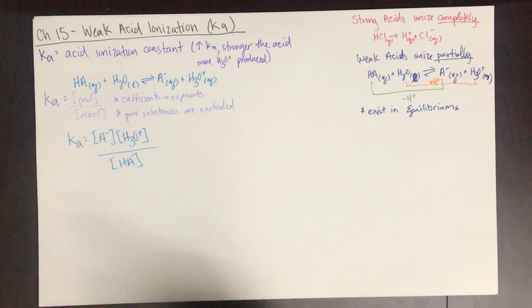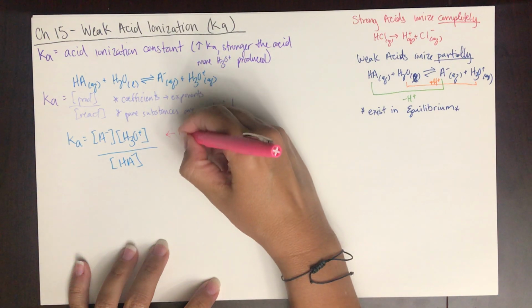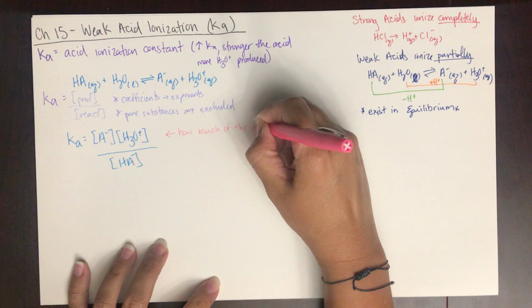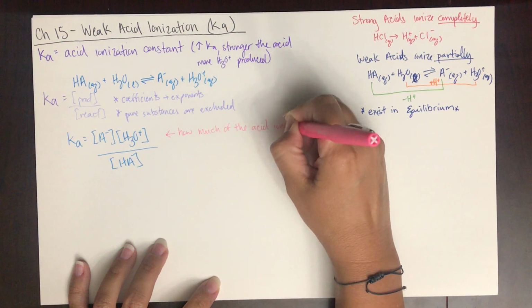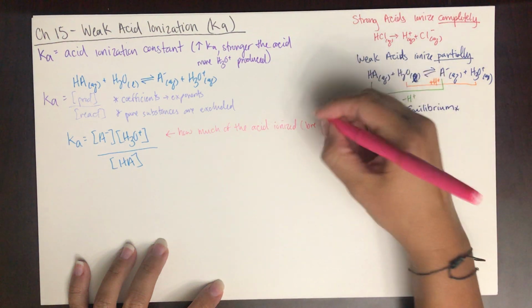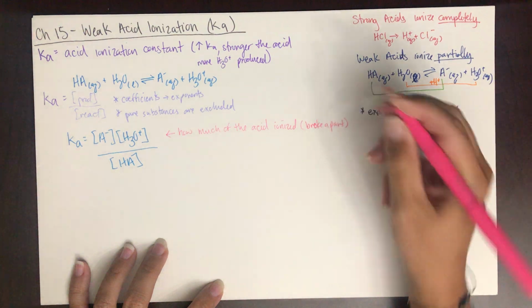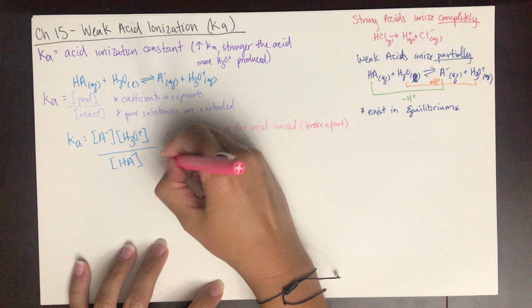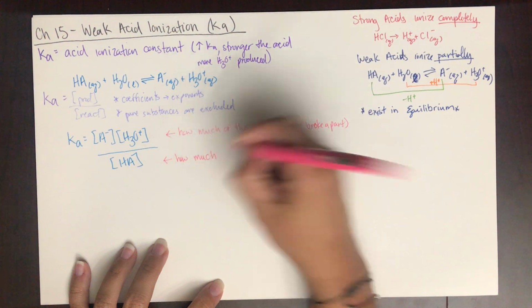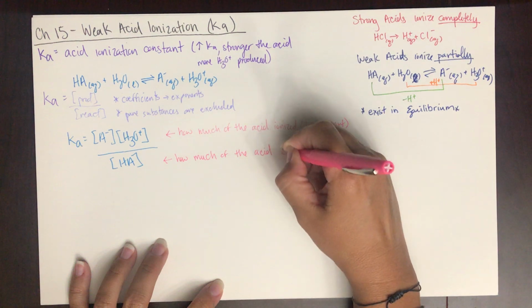So essentially what this Ka is telling you is this is how much of the acid ionized. Ionized is just a chemistry way of saying broke apart into ions. And this HA is how much of the acid stayed together.